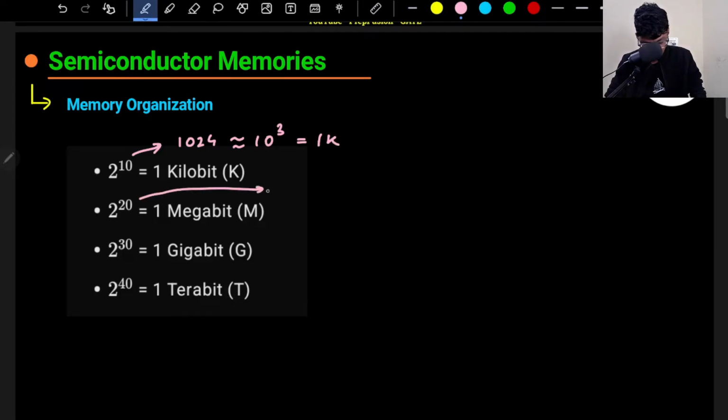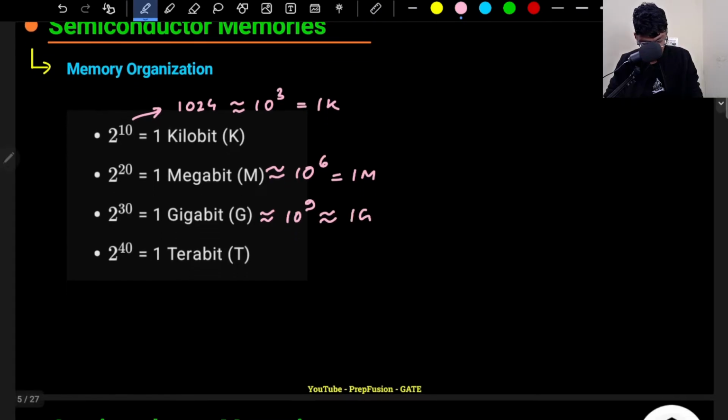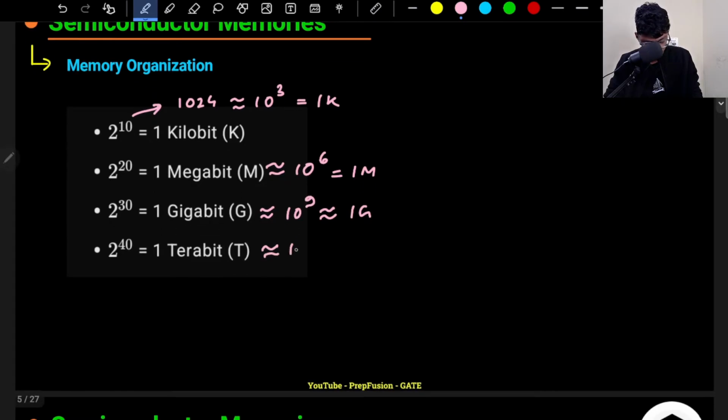Now, 2 raised to power 20 is roughly equal to 10 raised to power 6, which is defined as 1 mega. 2 raised to power 30 is roughly 10 raised to power 9, known as giga. And 2 raised to power 40 is roughly 10 raised to power 12, defined as 1 tera.